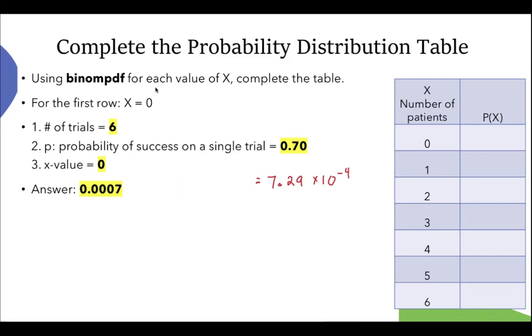We take this decimal point between the 7 and the 2, and the -4 means you're going to move it 4 places to the left. 1, 2, 3, 4, and put a new decimal point in. Then fill in those empty spots that you just created with zeros. So what was 7.29 is now 0.0007. And that is the probability answer when x equals 0.